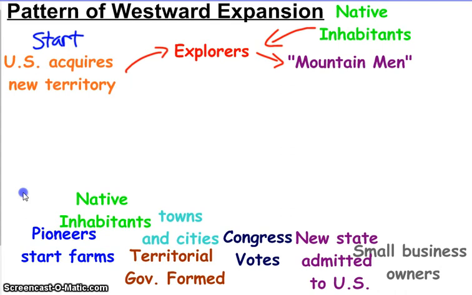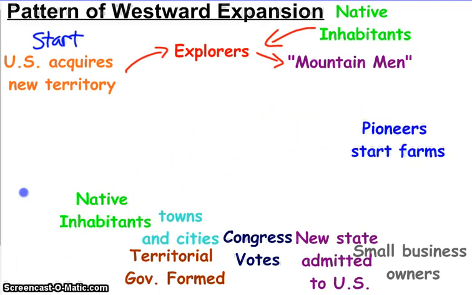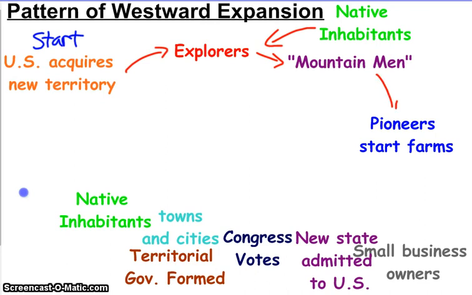After the mountain men go through the wilderness, then we see more families coming. And the pioneers over the wagon trails are moving west, and their main motivation is to get land because most of them are farmers.